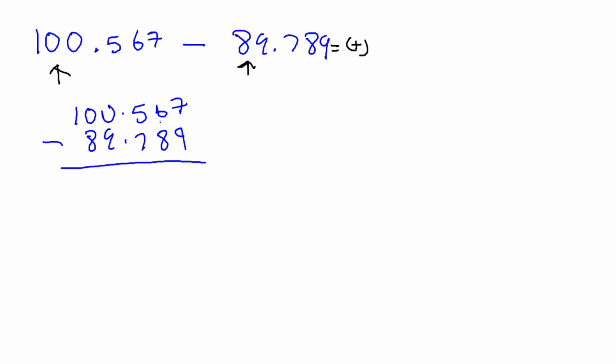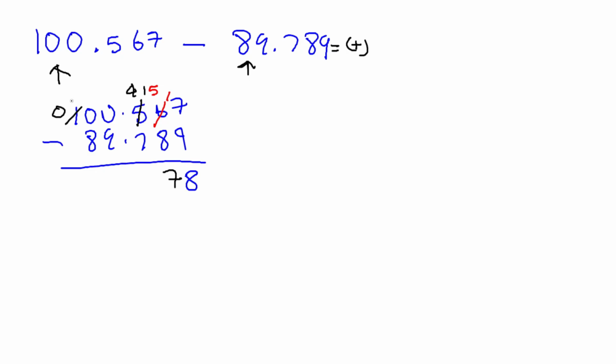7 minus 9. We cannot subtract, so we need to borrow from 6. That's 5. Now this is 17. 17 minus 9 will be 8. 5 minus 8, we cannot, so we need to borrow from 5. This will be 4, and now this will be 15. 15 minus 8 will give you 7. 4 minus 7, we can't, so let's borrow from the 0.